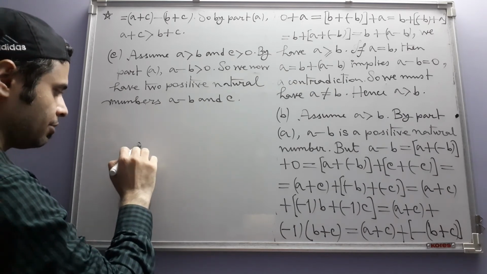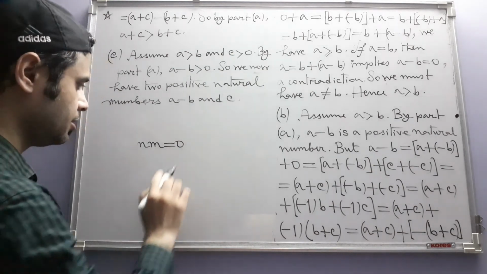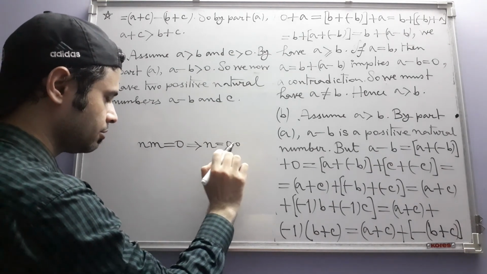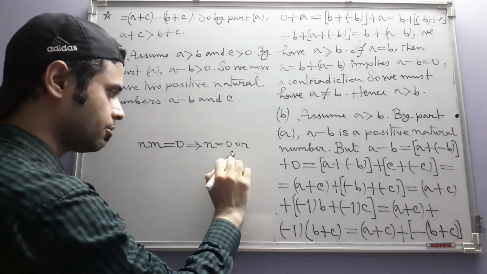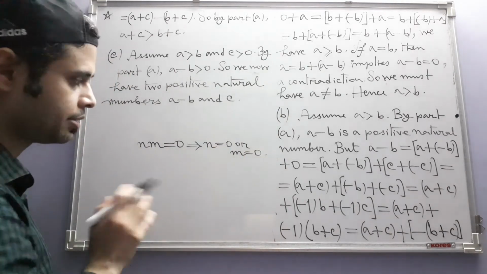It says that if n and m are two natural numbers whose product is 0, then either n is equal to 0 or m is equal to 0. What is the contrapositive of this statement?